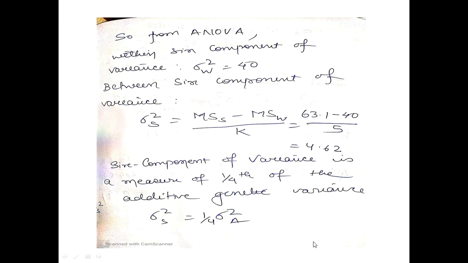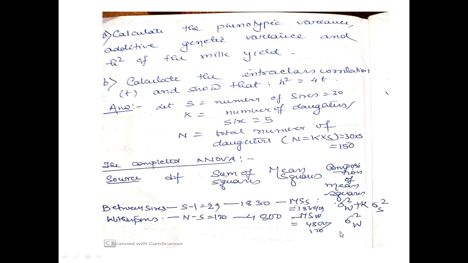Let us see how. From ANOVA, the within sire component sigma square W: I say that this and this are equal. It means 4800 upon 120 is equal to sigma square W. They both are mean sum of squares, one by the empirical formula, the other by calculation. On solving, we have sigma square W equal to 40.